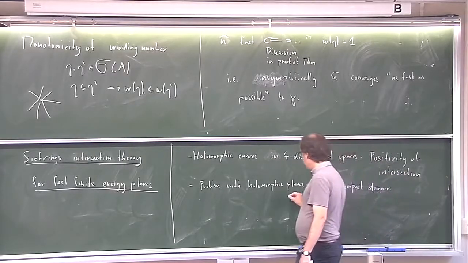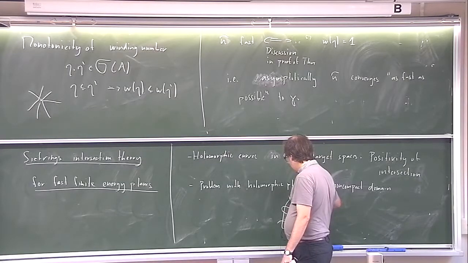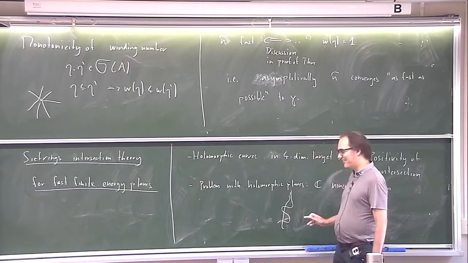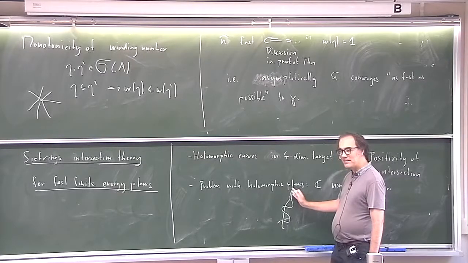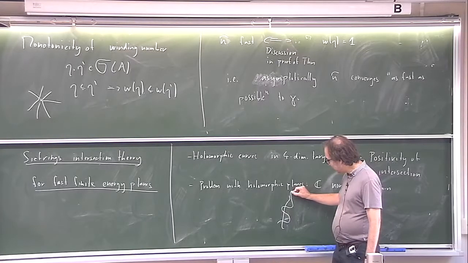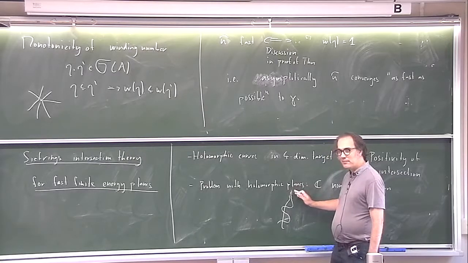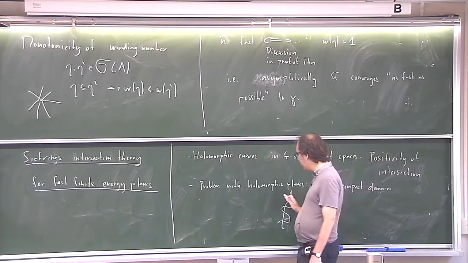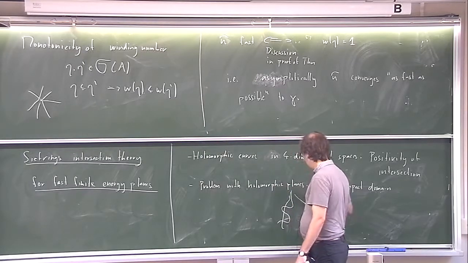If we have 2 holomorphic planes that intersect, then asymptotically, of course, my picture always misses some dimension, if they have the same asymptotics, then you don't know. There might be some asymptotic intersection, and so it's not clear that the intersection number is homotopy invariant.